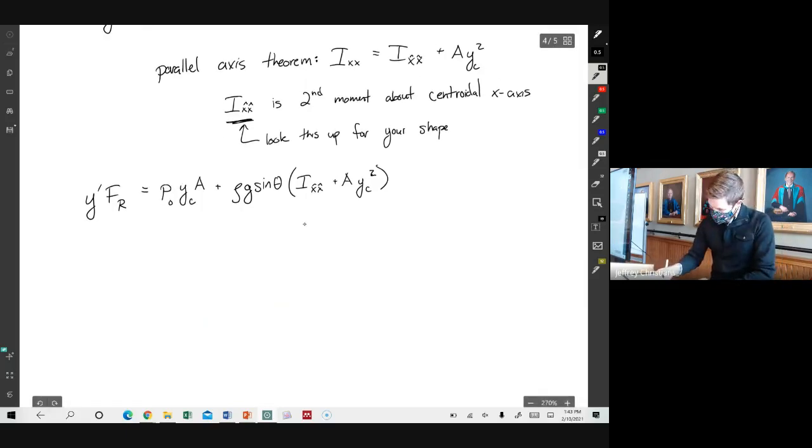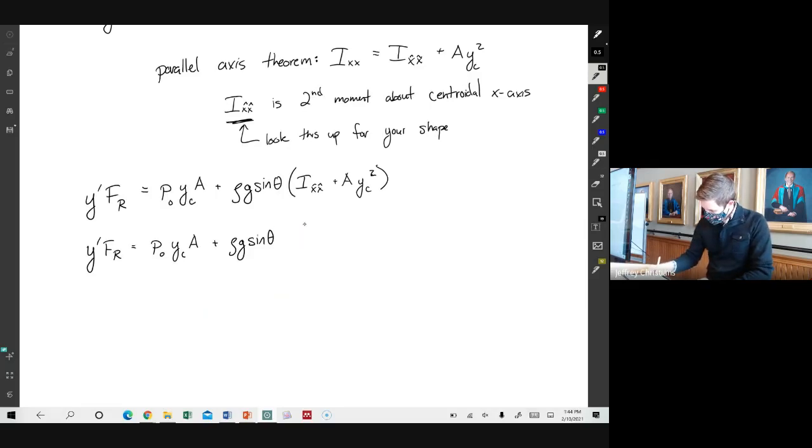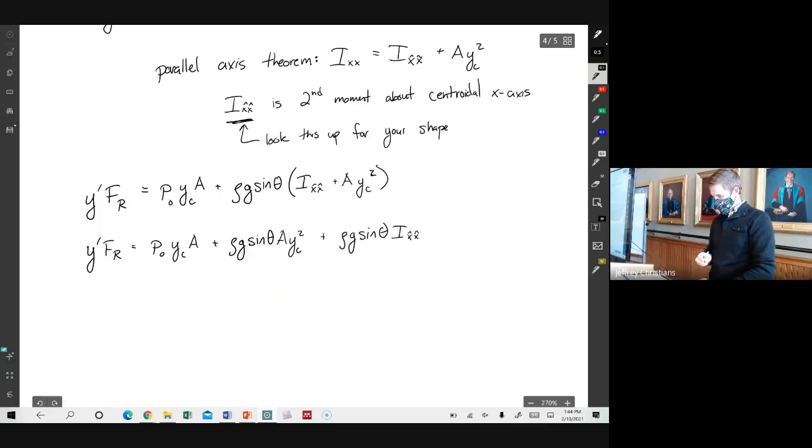We multiply that second thing through: P naught yc A plus rho g sine theta A yc squared plus rho g sine theta I xx.